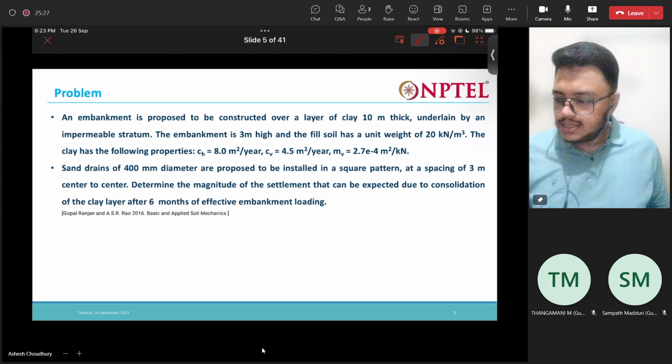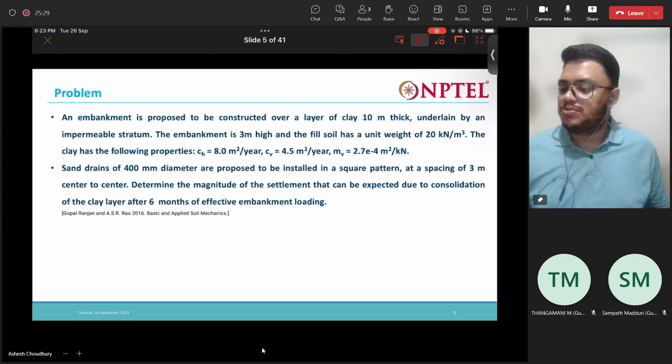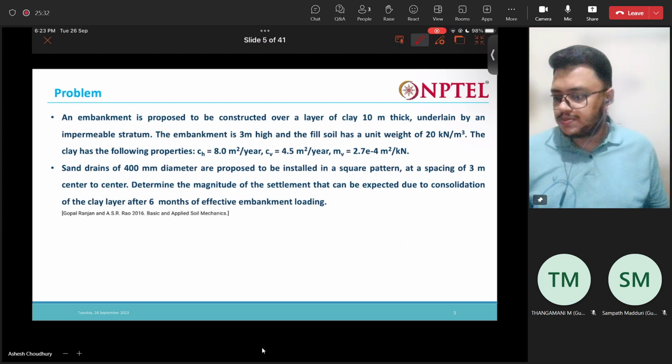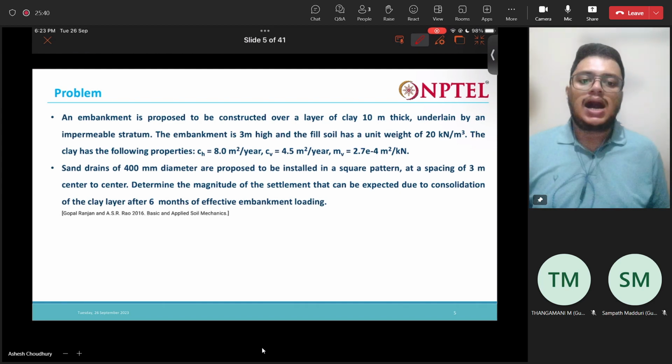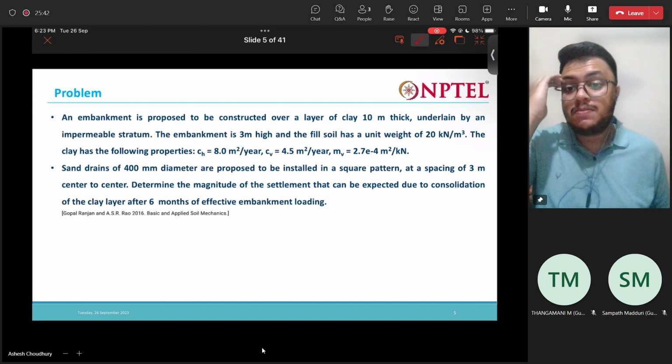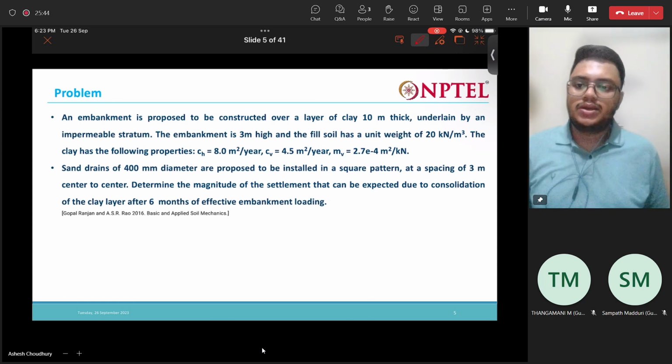Now let us see this easy problem. This is just a basic problem. An embankment is proposed to be constructed over a layer of clay 10 meters thick, underlain by an impermeable stratum. The embankment is 3 meters high, and the fill soil has a unit weight of 20 kilonewton per cubic meter.